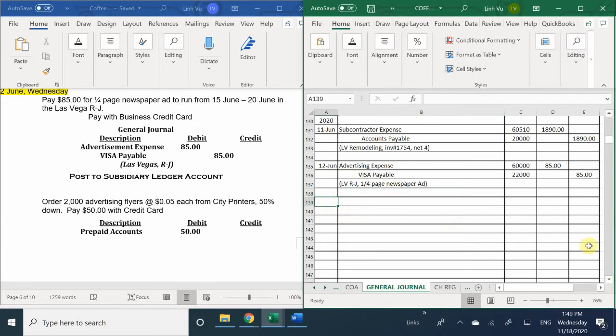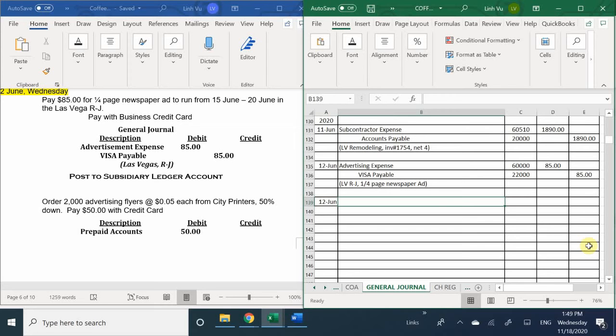So here, let's go ahead and journalize this transaction. How am I going to record this down payment? Because they require a 50% down payment in order to have the job get started. So it's going to be prepaid accounts, right?